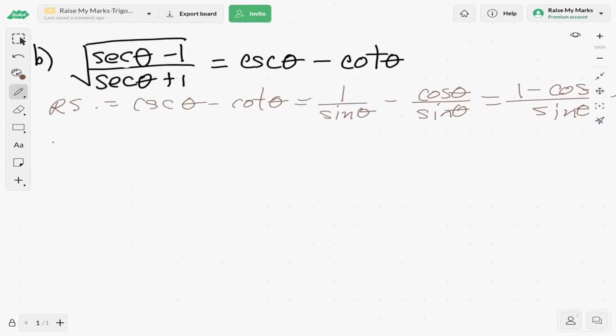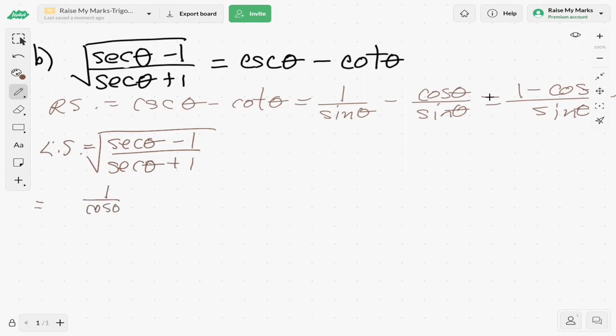Now, let's see if we can simplify this left-hand side. Our left-hand side is the square root of secant theta minus 1 over secant theta plus 1. Okay, this looks interesting. So secant is 1 over cos theta, so let's replace 1 over cos theta wherever we see secant.